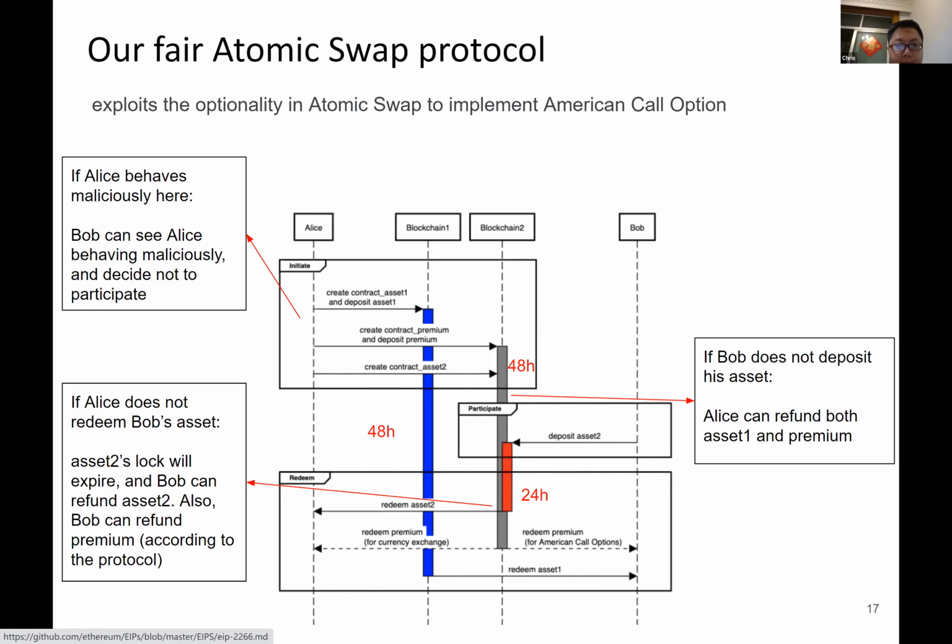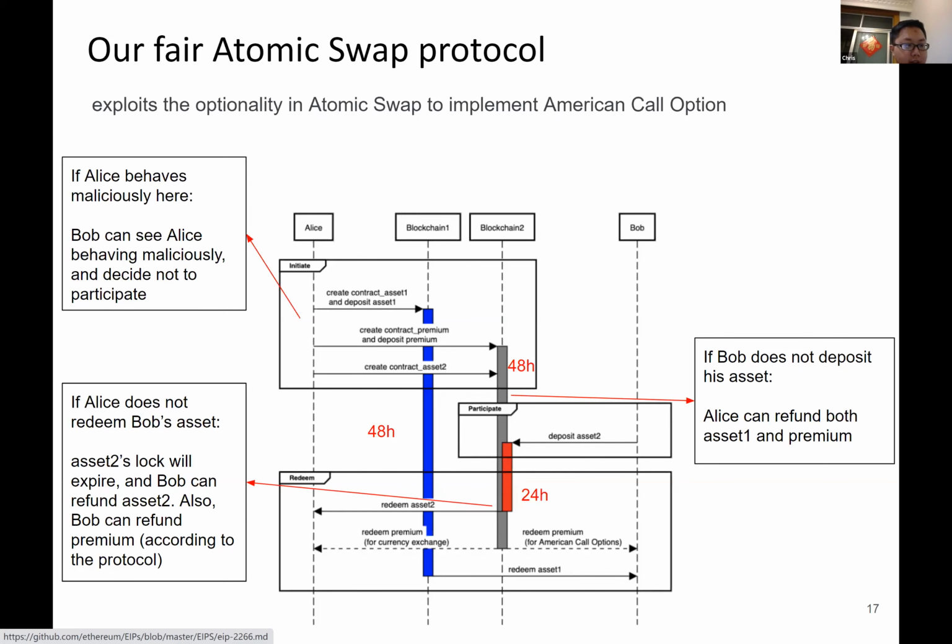Well, because by comparing to an American call option, you can find out that there's optionality in atomic swap because there weren't premiums. By adding premiums, you can mitigate the optionality.